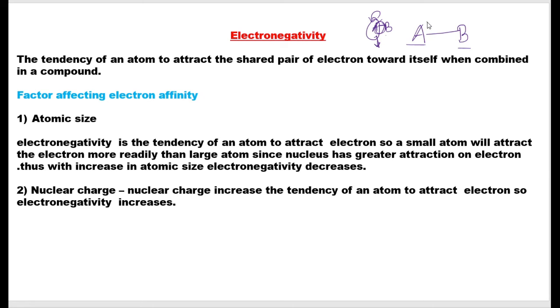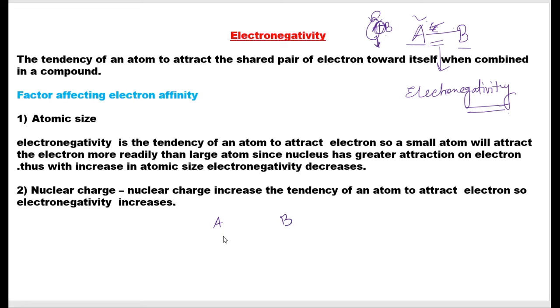If the tendency of atom A to attract this shared pair of electrons towards itself, this phenomenon is known as electronegativity. Therefore, if an element has more power to attract the electrons towards itself, it will be more electronegative than the other one.